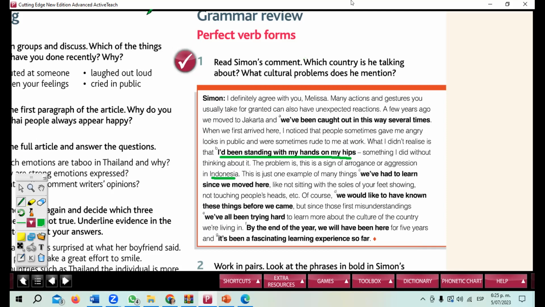Not sitting with the soles of your feet showing, yes, good. And what else? Touching people's hands. Yes, touching people's hands. These are the actions or problems that are mentioned in the comment.